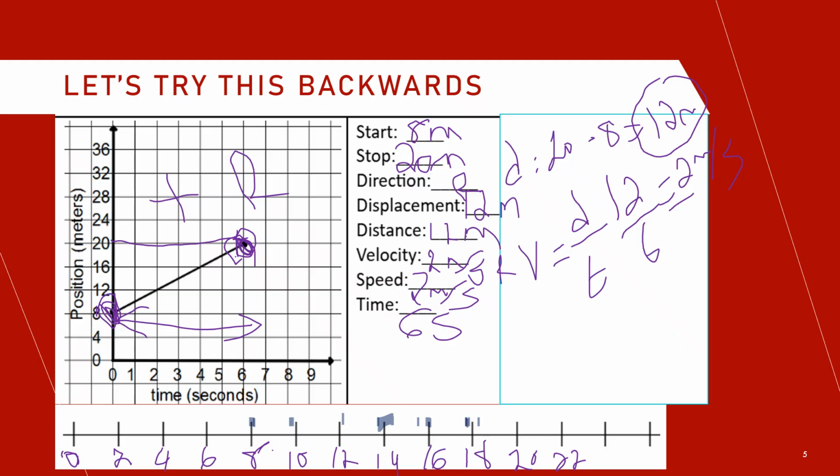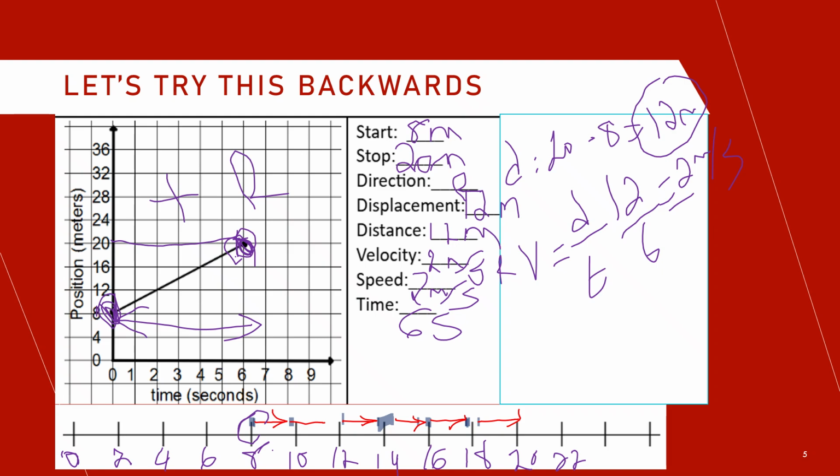Let's go ahead, and the size of our arrows is going to be 2, 2, 3, 4, 5, and 6. So again, my starting point is 8.